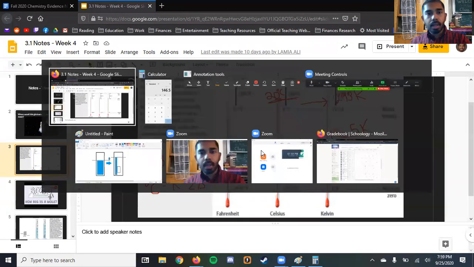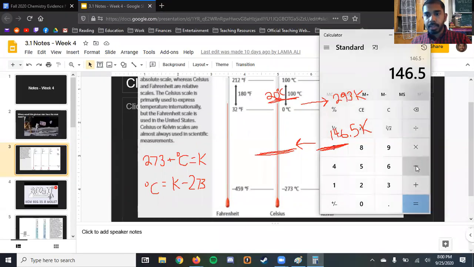So we take this number and subtract 273 from it, and we'll get our temperature in Celsius. Our temperature after it loses half of its energy is not 10 degrees Celsius. It is actually negative 126.5 degrees Celsius.